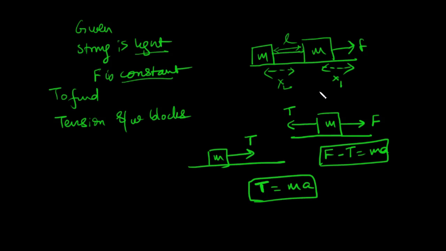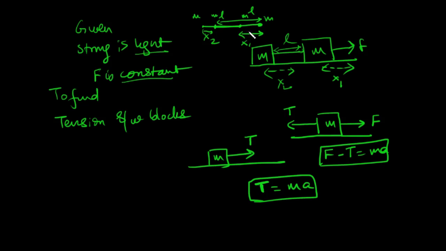You see, after displacement, for example, these are 2 points, M and M, and this is L. Now if this point goes up to here, this is a displacement of x1, and this point goes up to here, this is a displacement of x2.